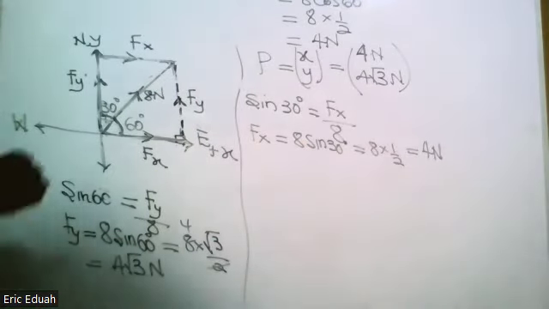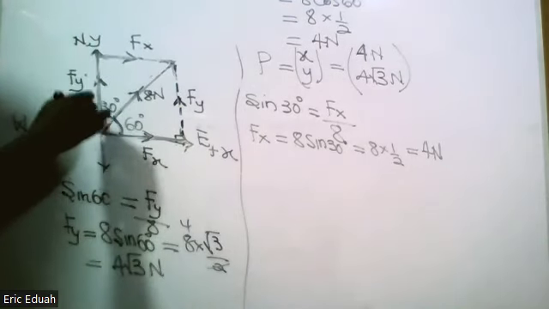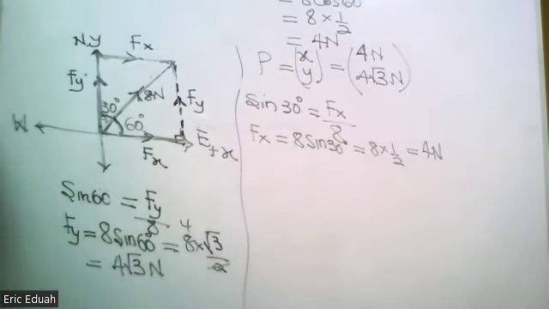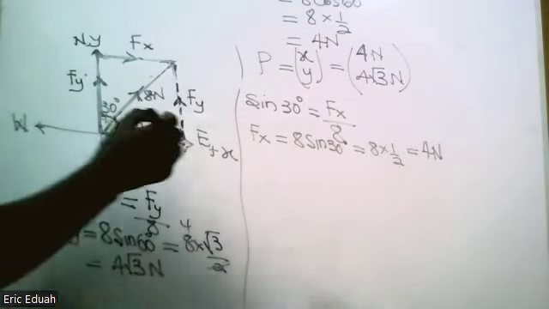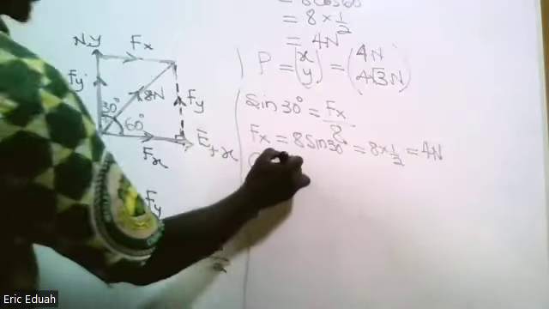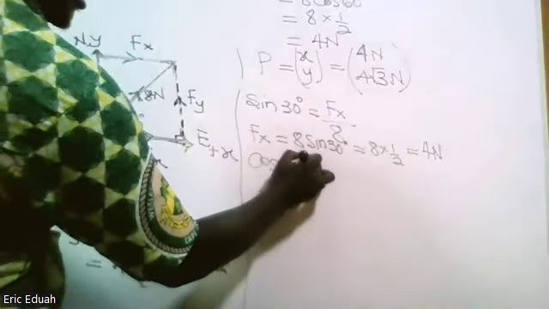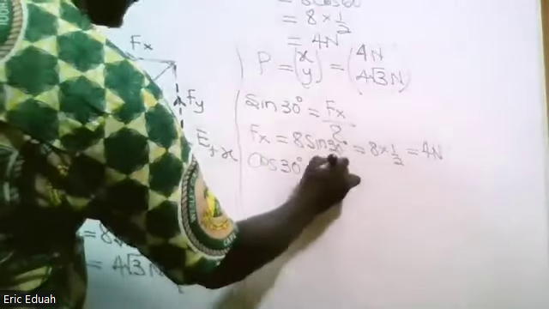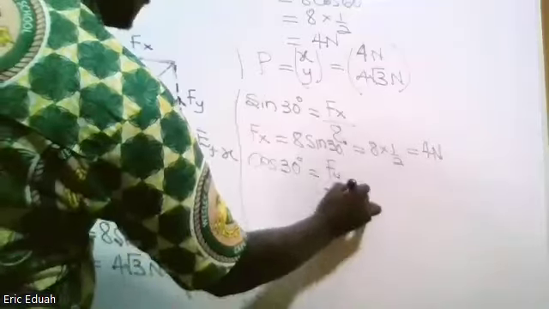Then, if I need the adjacent of the angle, the obvious trig ratio is cosine. If I take cos of the angle 30, I have the adjacent, which is Fy, over the hypotenuse, which is 8.